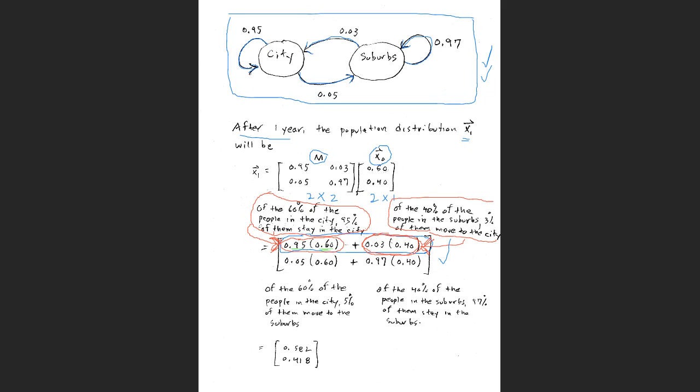They'll either be in the city and then stay in the city, with a certain percent, which is this probability here, or they'll live in the suburbs and move to the city, and that's this second probability here. Does that make sense?